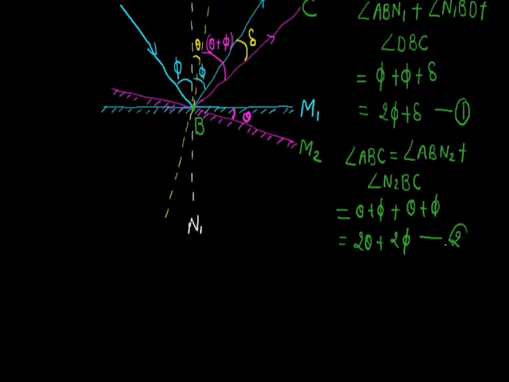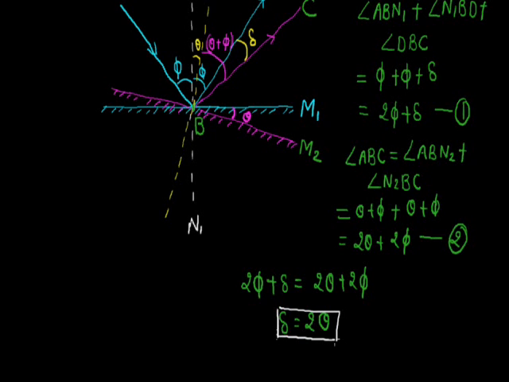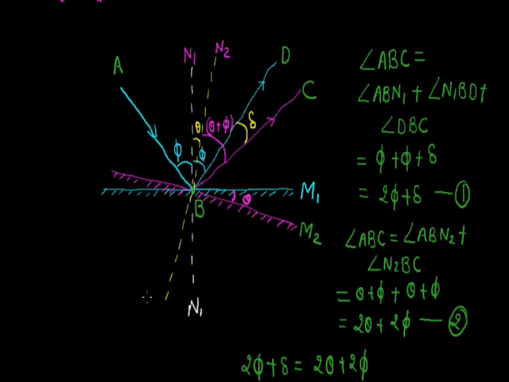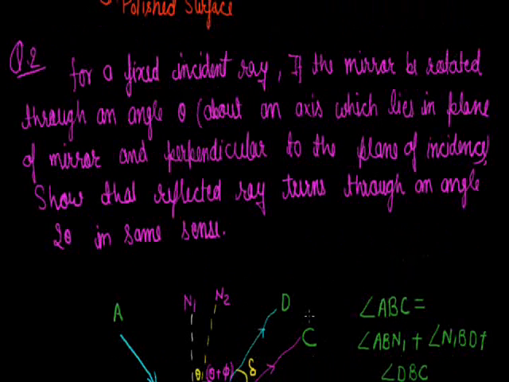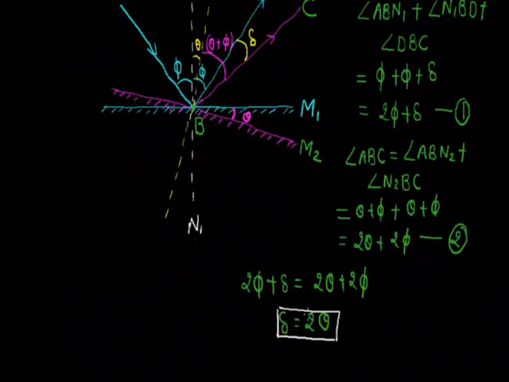Equation number 2. Now we can equate equation 1 and 2, which is 2 phi plus delta equals 2 theta plus 2 phi. So we get delta is 2 theta, which we had to prove. So what we observe is, by rotating a mirror through angle theta, the reflected ray will be rotated through 2 theta. This is hence the proof.